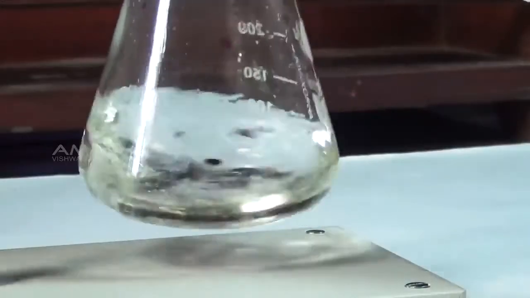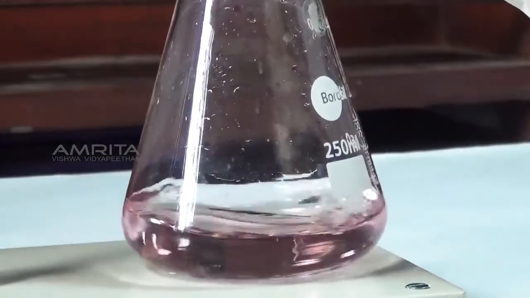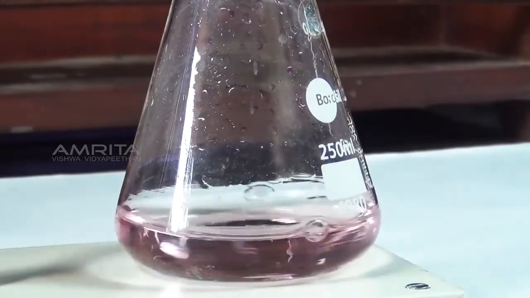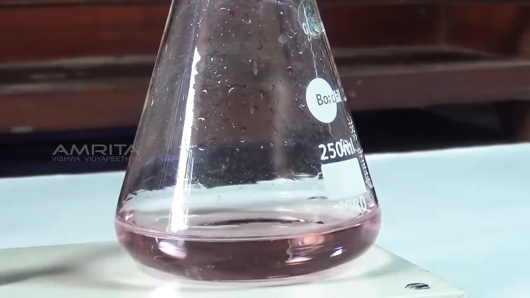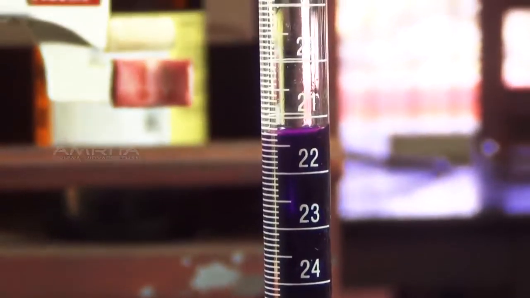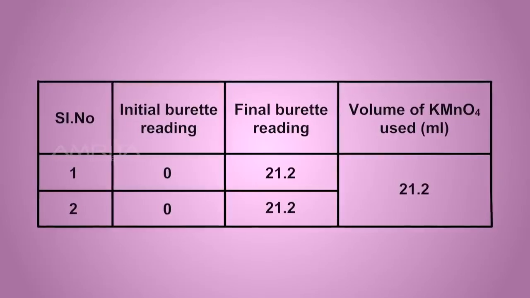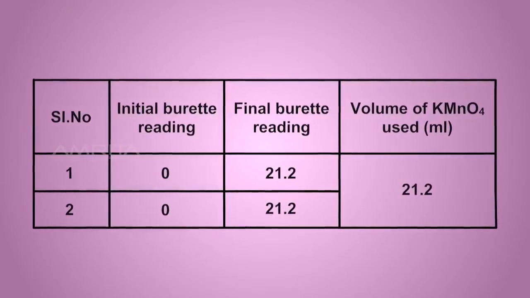Keep rotating the conical flask during the titration and stop the titration when the solution turns to a light pink color. This is the end point. Note down the final burette reading and repeat the titration until concordant values are obtained. Record the observations in a tabular column.